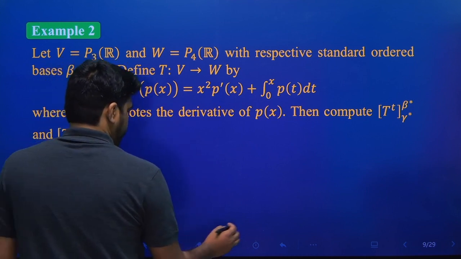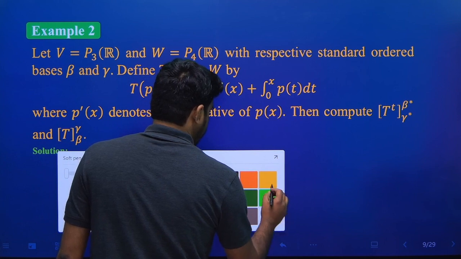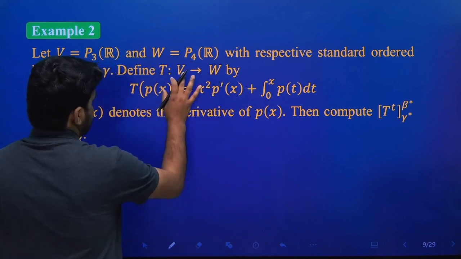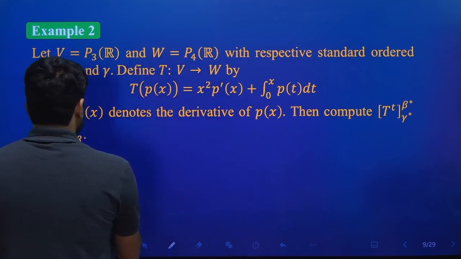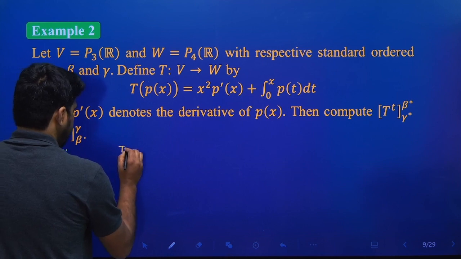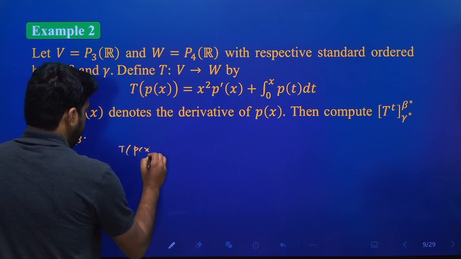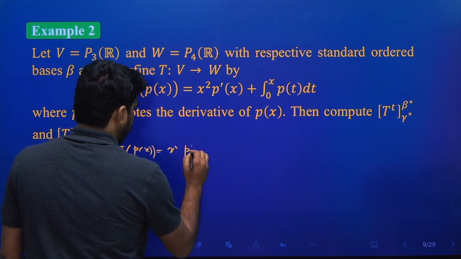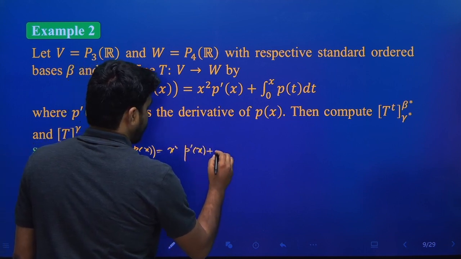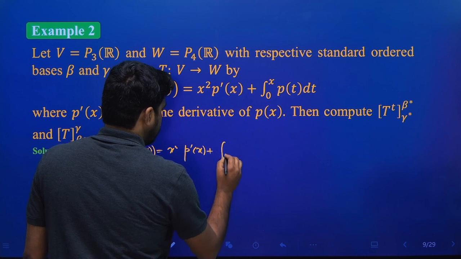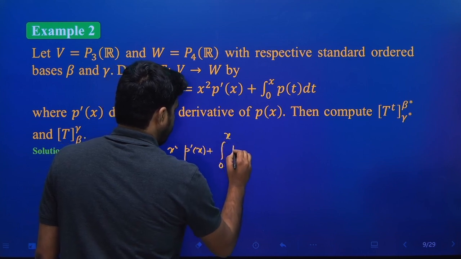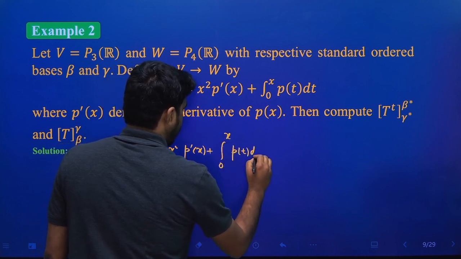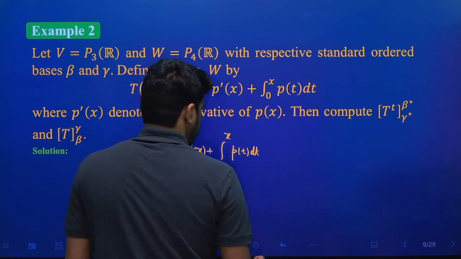Okay, and T is defined by T(p(x)). How is it defined? T(p(x)) equals x square p dash x plus integration 0 to x p(t) dt, right?